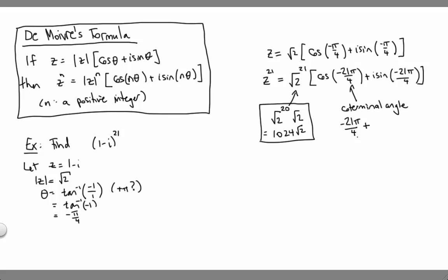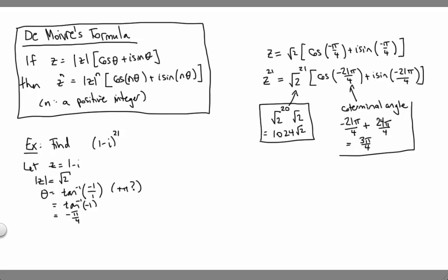Try adding 4 pi, 6 pi, etc. until you create a positive number. So 6 pi would work well. We want to add 6 pi. That's valid because that's a multiple of 2 pi, so that's going to give us a coterminal angle. But instead of calling that 6 pi, let's just call that 24 pi over 4 so that we can actually do the addition. So that gives us 3 pi over 4.